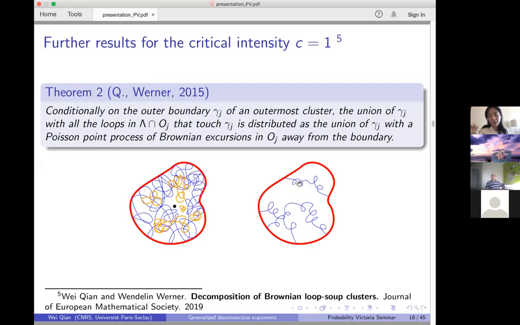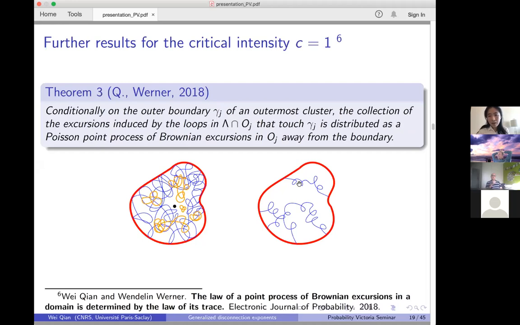And we say that the traces are the same. Then later in 2018, in later work, we showed not only the traces are the same, but when you consider them as a collection of excursions, they're also the same because the law of a point process of Brownian excursions in a domain is determined by the law of its trace.